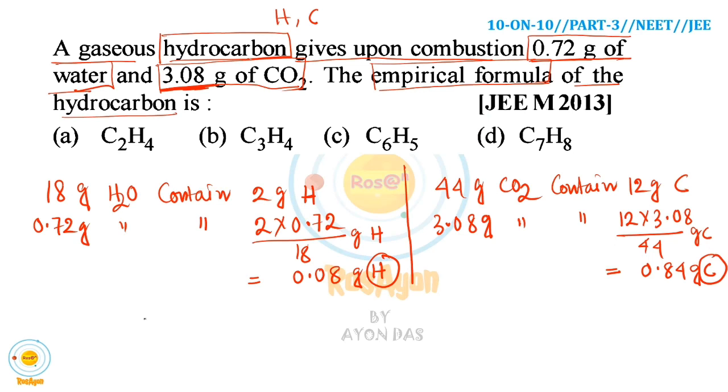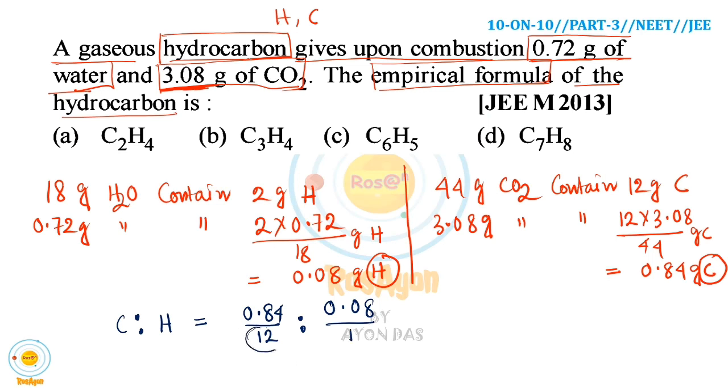Now we calculate the empirical formula of this hydrocarbon. For this, you have to determine the ratio of carbon to hydrogen. The amount of carbon is 0.84 divided by 12, to, for the hydrogen, 0.08 divided by 1.